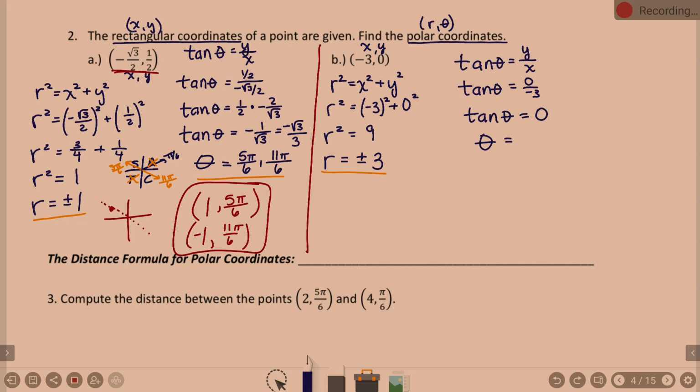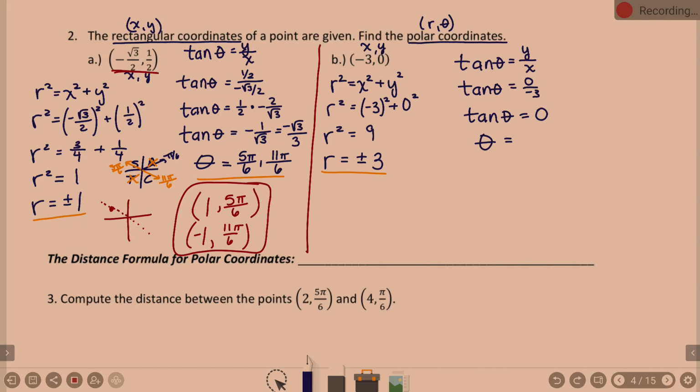We need to know, when does tangent equal 0? 0 and pi. Why? Because the numerator is 0, because the y value would be 0 on those. It can't be the other two because the denominator is 0, which makes it not possible.